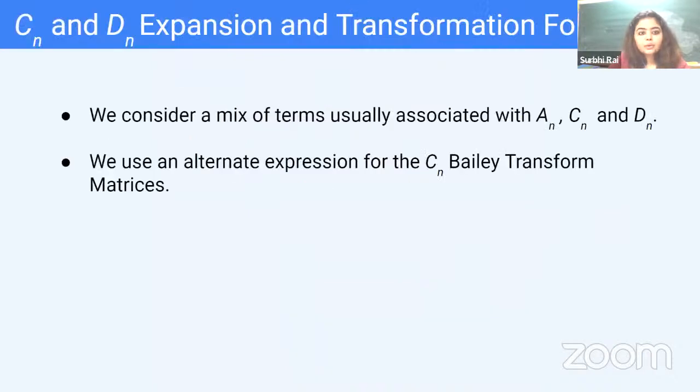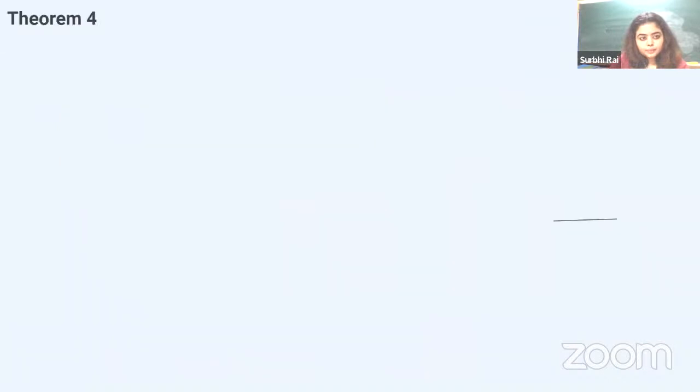Okay, so that was about the AN expansion and transformation formula. In the next section, which is CN and DN expansion and transformation formula, we give some variation of the previous formula. Now the series involved contain terms that are a mix of terms which are usually associated with AN, CN, and DN.